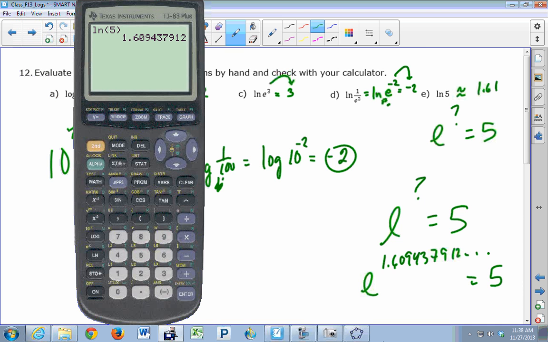So you check the natural log by using its inverse, and you want to put that whole number in, because if you put in any kind of estimation, you're not going to get exactly 5. So how do I put that whole number in without having to write it all over again? You want to use your second answer button and hit enter, and there's your 5 back. So you've done a round trip. You know you're right.